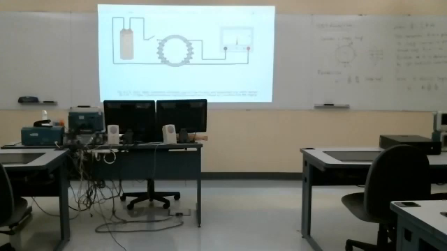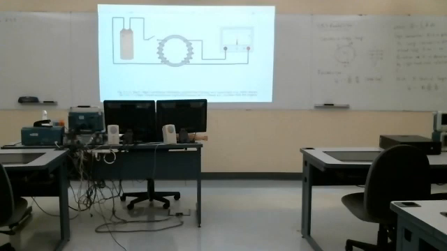So we'll work through one problem from the book, and this is actually the more general case. We'll talk a lot more about generators in particular. Transformers are pretty simple, and you work some transformer problems in the homework. Generators are a little bit more difficult to analyze.